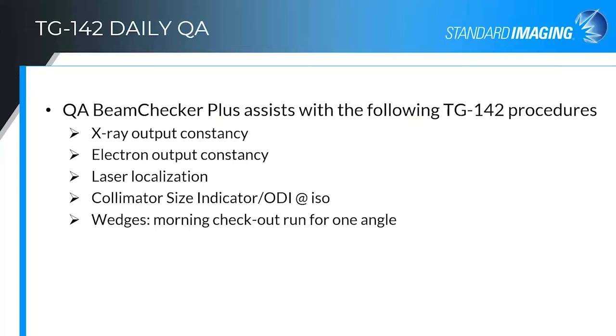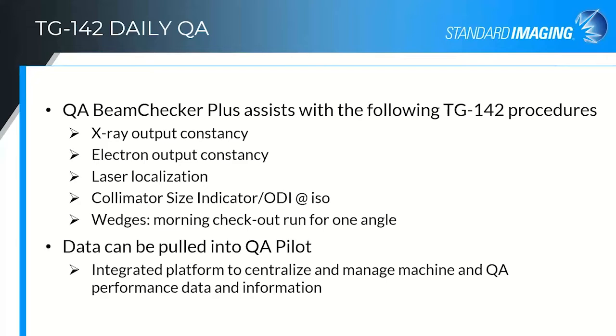Your photon output constancy, the electron energy output constancies, localization of your lasers, are they within the locations that they're supposed to be, have not been shifted or bumped on a daily basis? Using your optical distance indicator at isocenter, are your collimator sizes correct? And then I believe also required a morning checkout, one run, one angle for your wedges, your wedge beams.